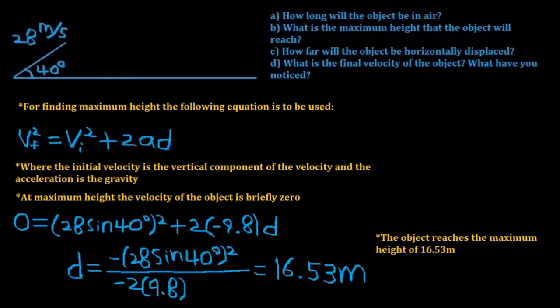Plug all of that into the equation and you're left with one unknown, which is D. Manipulate it around to find the height the object has traveled, and it turns out to be 16.53 meters.